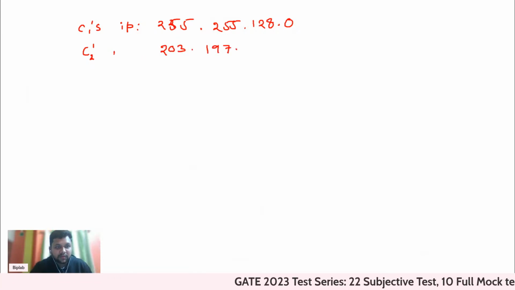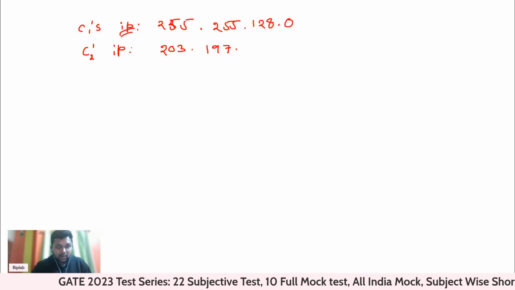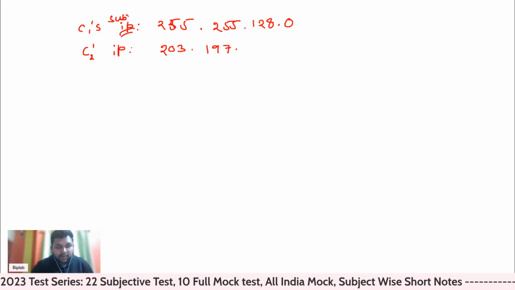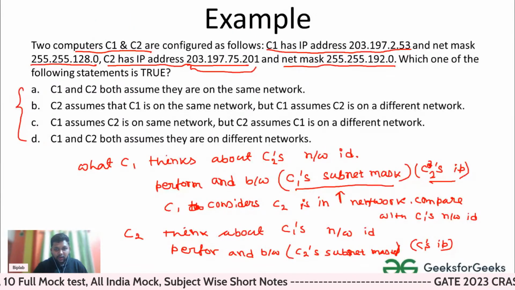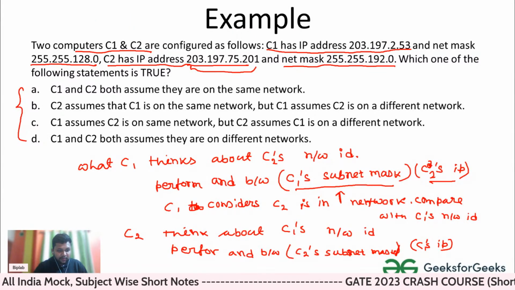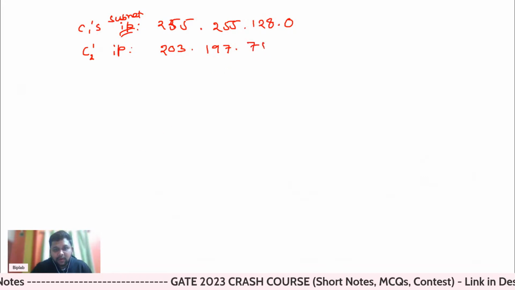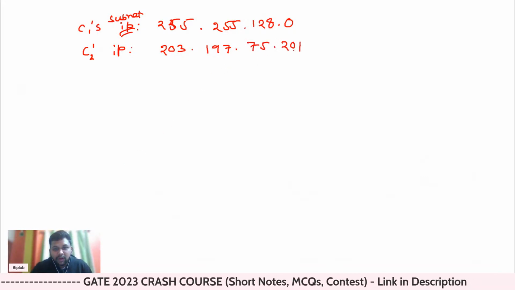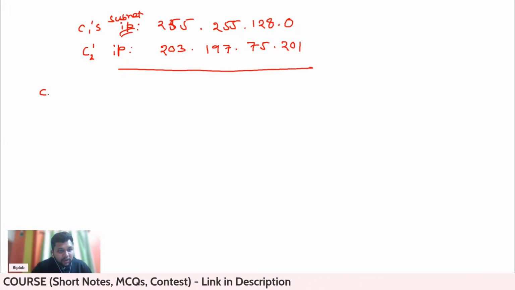This is very difficult, going to the previous page and writing it again. Okay, perform AND and what you get is C1's assumption of C2's network ID.